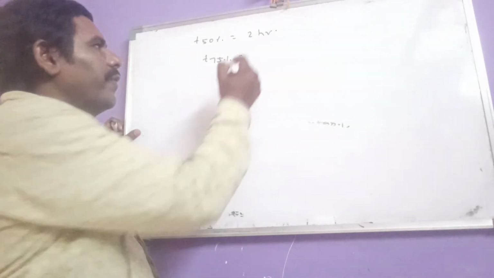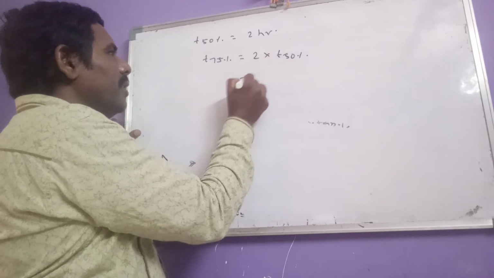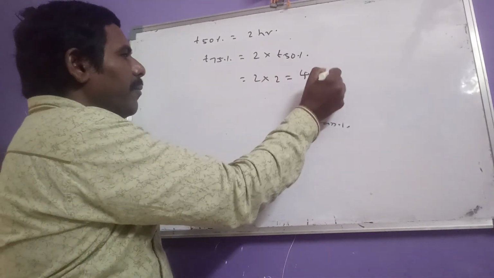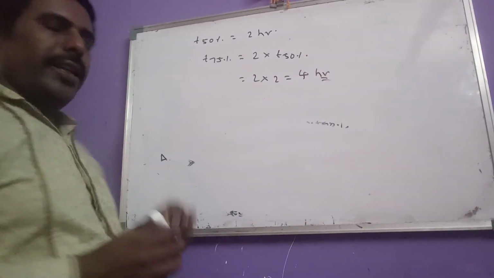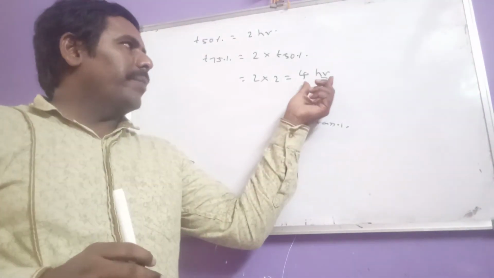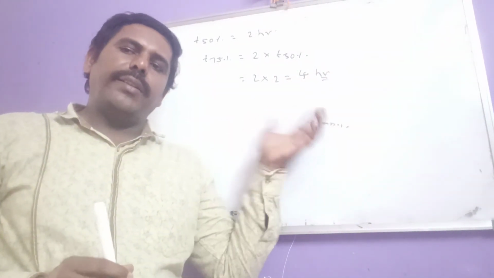T 75% is 2 into T 50%, so 2 into 2 hours means the time required for the completion of 75% of the reaction is 4 hours. So this is one question regarding that.